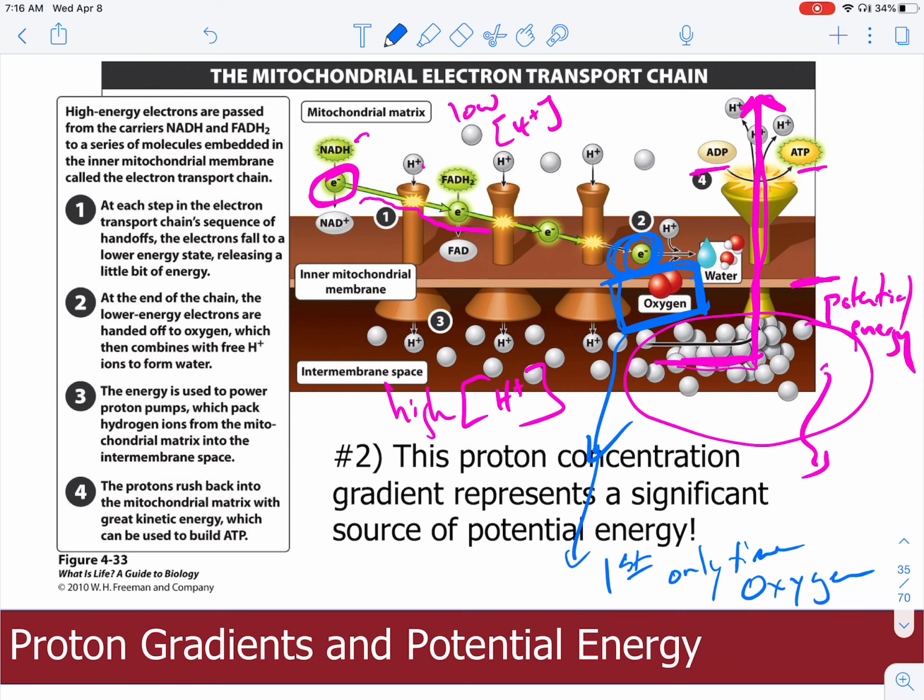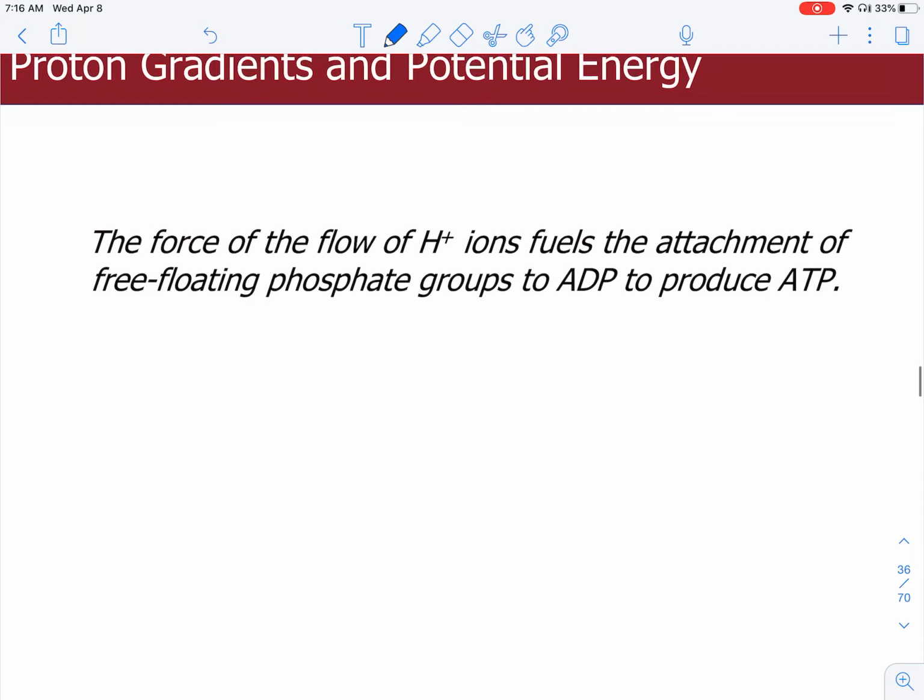The role of oxygen is to pick up this electron after it has given its service and its duty to drive proton transport across the inner membrane. So it picks up that low energy electron and forms water in the process. So the oxygen that we breathe in is used to pick up these electrons and form water.